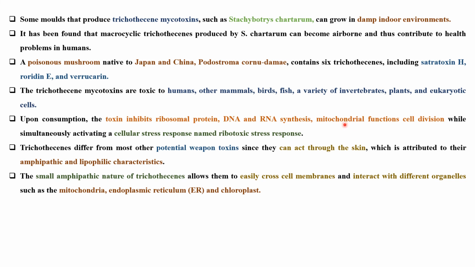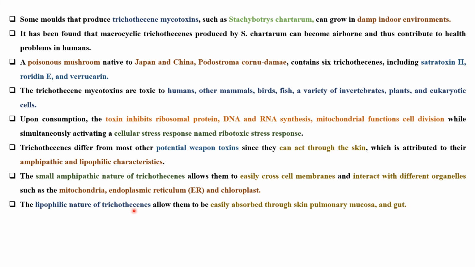So here also you've seen it is disrupting mitochondrial function because it is able to cross the cell membranes. It is able to reach the cell organelles, particularly mitochondria. So mitochondrial functions are disrupted by this toxin because this is the powerhouse which is creating ATP. If the cell is unable to synthesize energy, the cell will be deprived of energy and it will undergo oxidative stress, or it might lead to death of that particular cell.